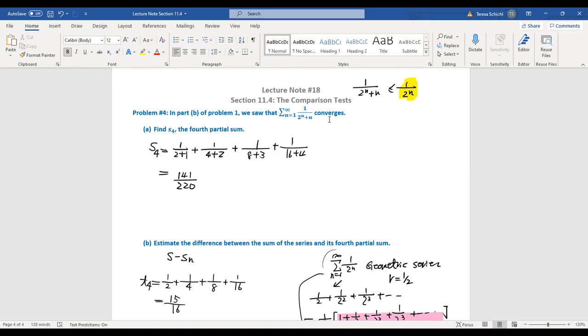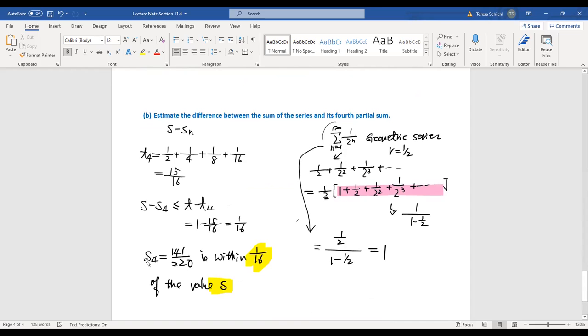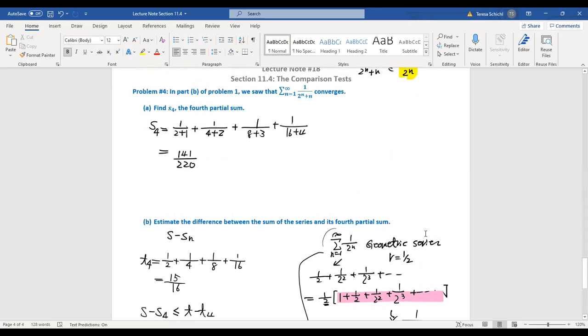Like for number 4, we said I know the S4 is 141/220, and the true S is within 1/16, right? So it's a pretty good estimation. It depends on how accurate you want, and then you can increase the number of terms n there. All right, that's it, and now we finished the comparison test.